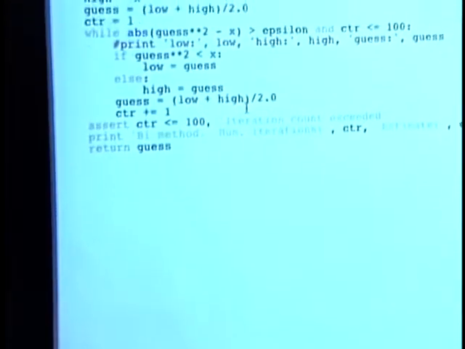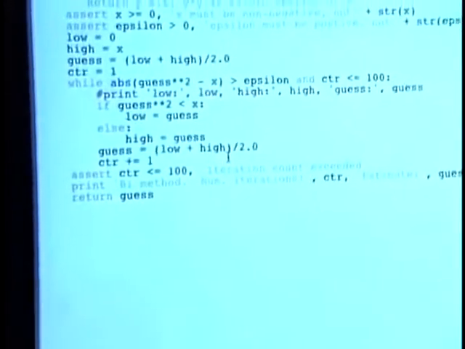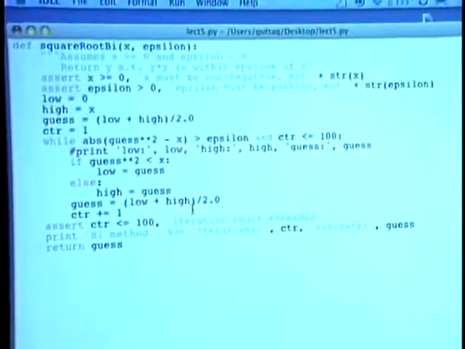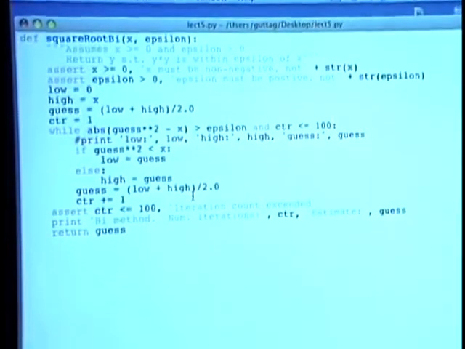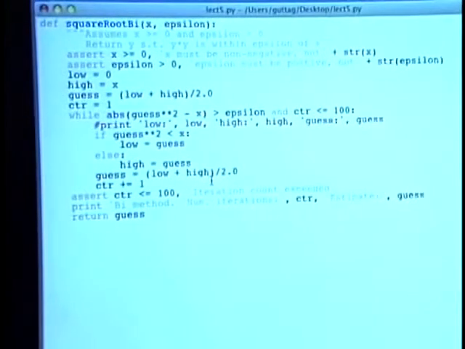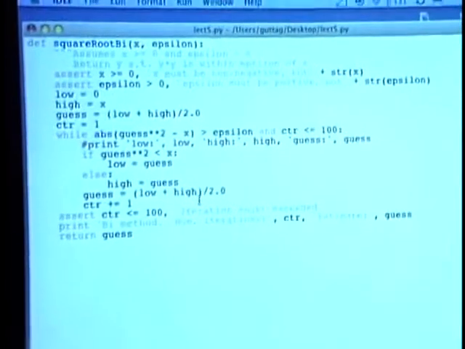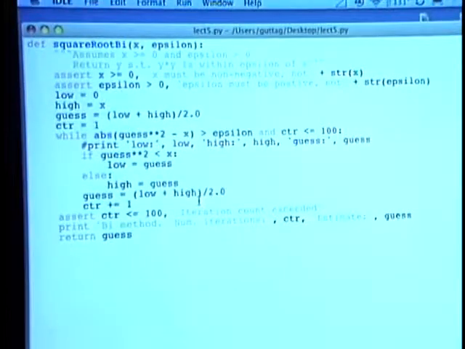So here's a successive approximations to the square root. I've called it square root by. The by is not a reference to the sexual preferences of the function, but a reference to the fact that this is an example of what's called a bisection method.